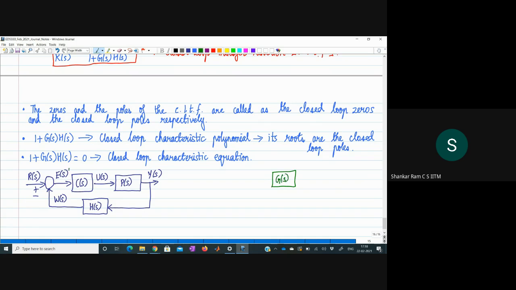What people will do is many times combine the controller and plant blocks and call this G of S, because as we know, the forward path transfer function G of S is defined as the product of C of S and P of S. So now the input to G of S will be E of S. The output from the G of S block will be Y of S. And then there will be R of S, which will be compared with W of S.